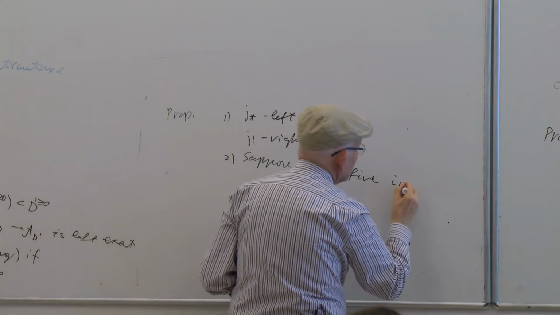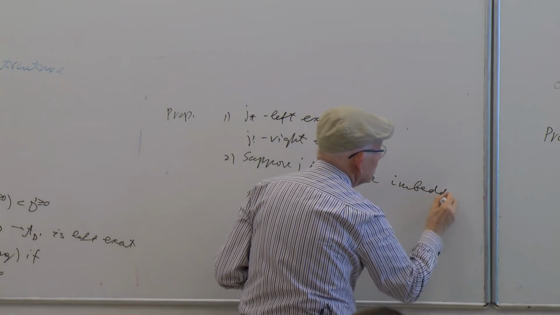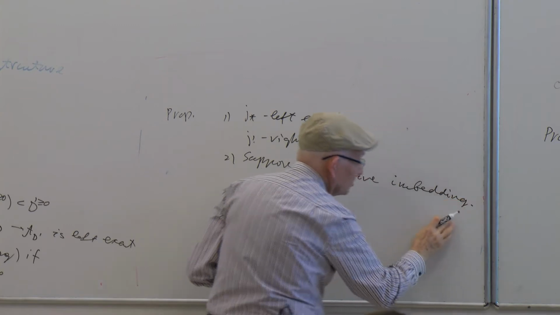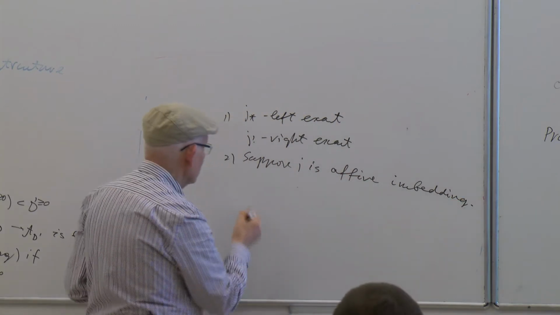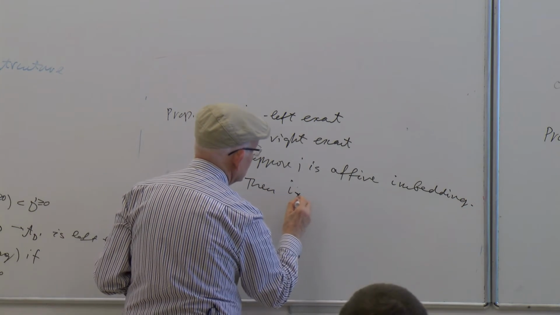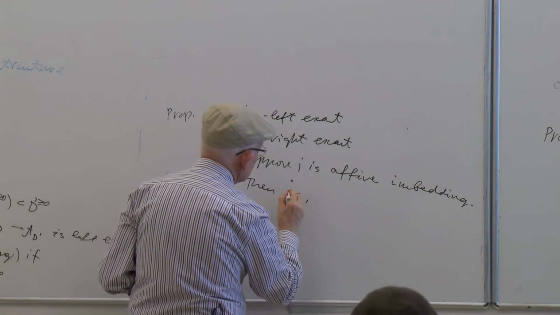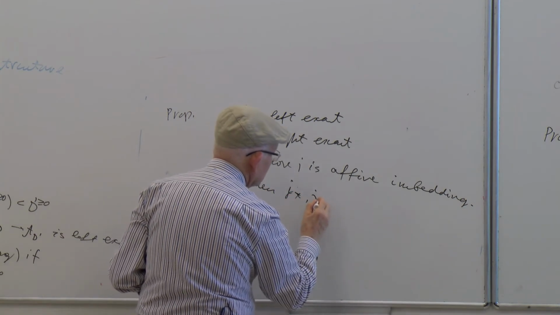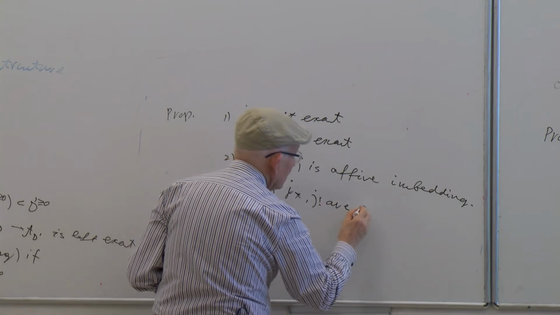Affine means that the preimage of an affine set is affine. Then these functors J star and J shriek are exact.